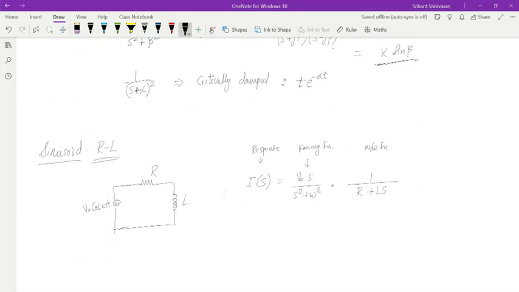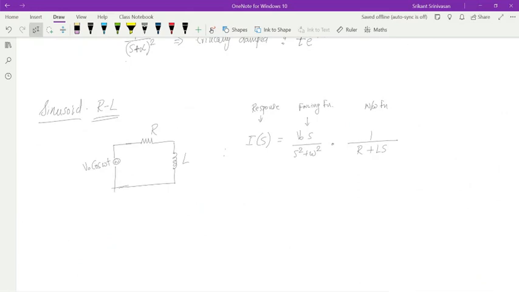Now I can very quickly start solving these circuits. And now I know what the roots are. I have three roots: s plus j omega, s minus j omega, and s plus R by L. I can apply the method of partial fractions, or the method of residues, and get the answers quickly.